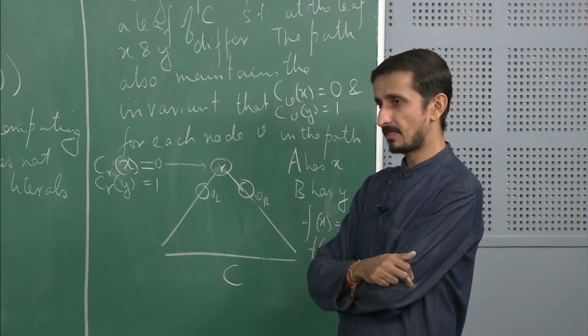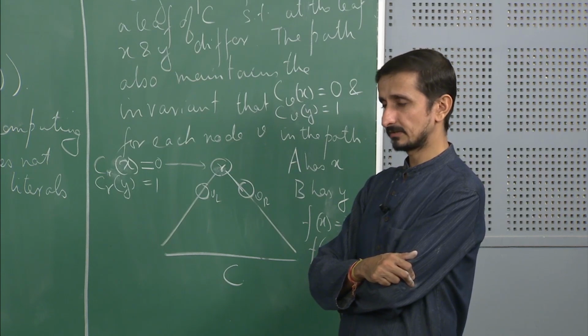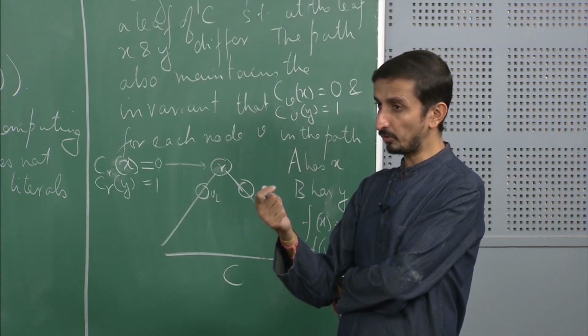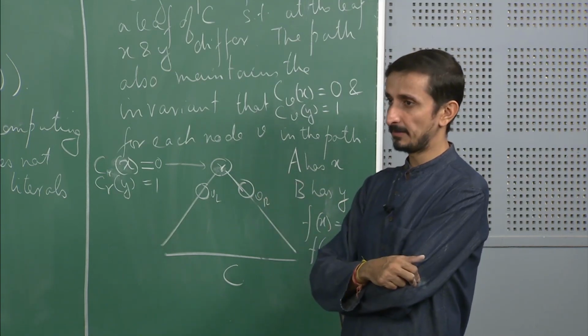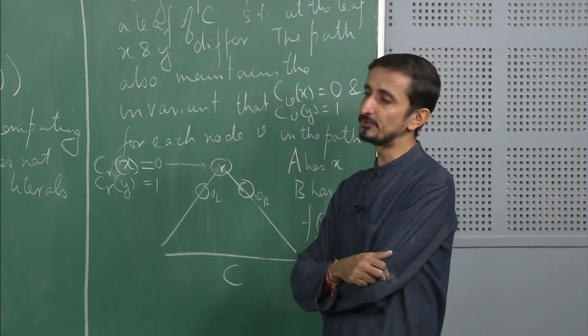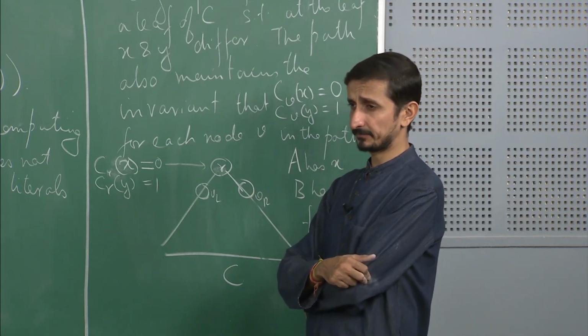And the x that Alice has, is that x of length n? Yes. It is an input which evaluates to 0 on that circuit by definition. And y is an input of length n again, which evaluates to 1 on that circuit.